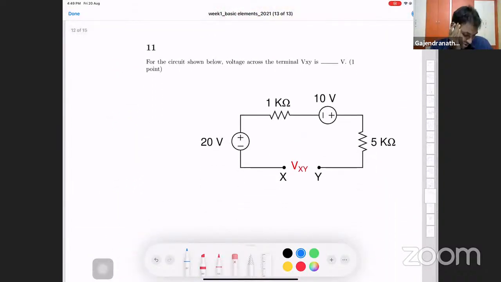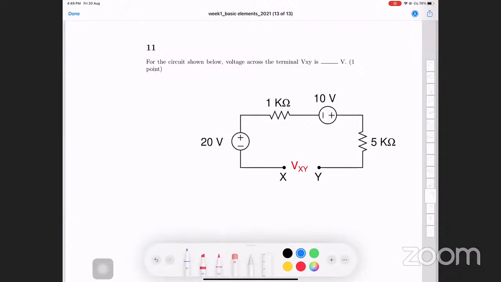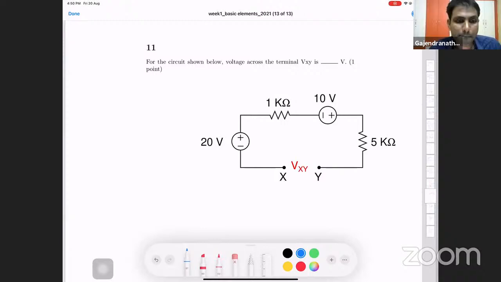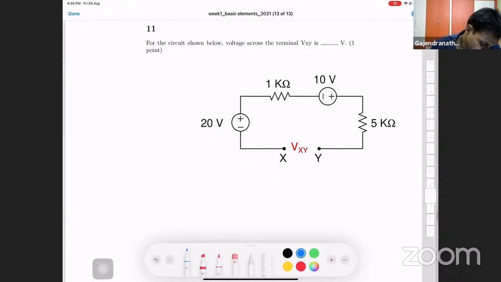For the 11th question, for the circuit shown below, the voltage across the terminal VXY is? Okay, so we have to apply a KVL here.